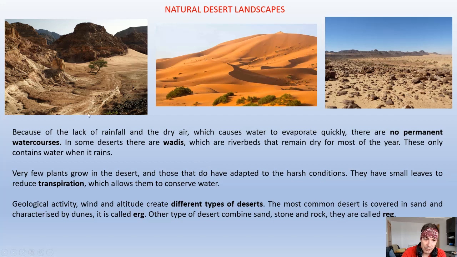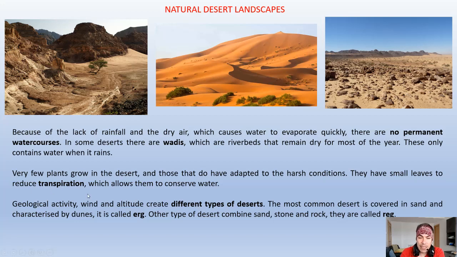Look, as you can see here, water has passed alongside this course at some time, okay, but not now. And well, they are called wadis because it's an Arab word, but in Spain, actually, we have some of these, and we call them ramblas.